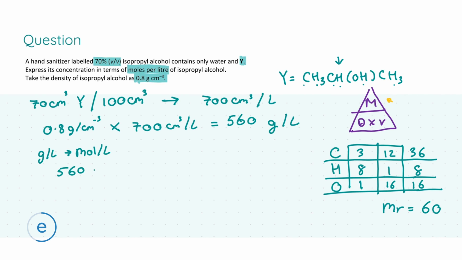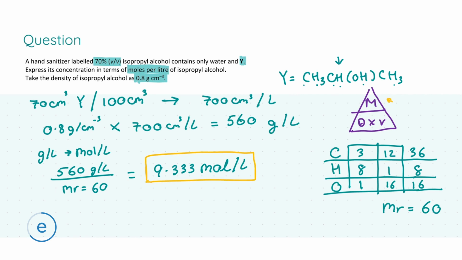So 560 grams per litre divided by the Mr of 60 is going to give us 9.333, and that is moles per litre. Okay, so that is our answer. That's the concentration in moles per litre.